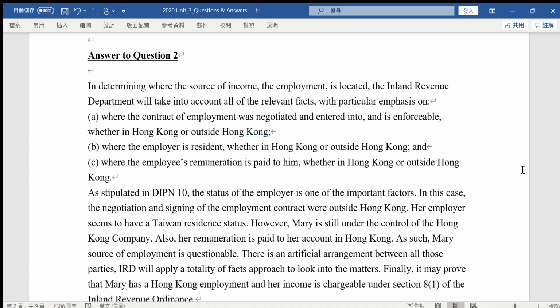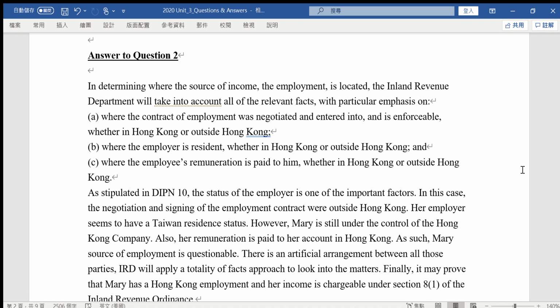Taiwan seems to be the place where she is employed, and her employer is a Taiwan company. It seems to be a foreign source of employment. The only exception is that the remuneration is paid in Hong Kong, right? Okay, that's why apparently it seems to be a Taiwan source, not a Hong Kong source.